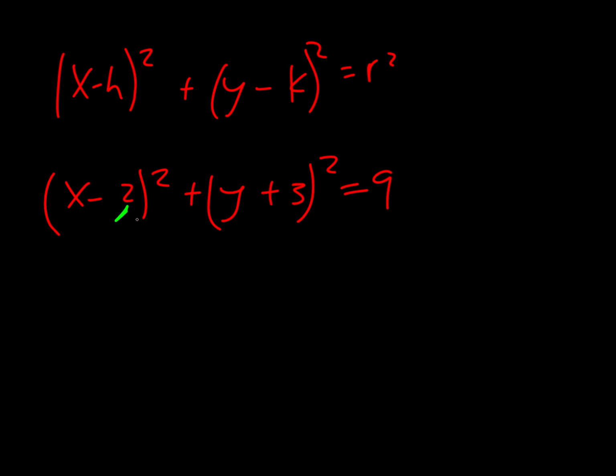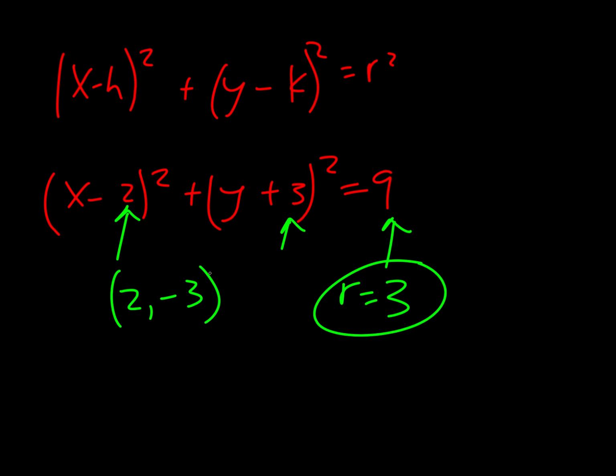So the center is going to be this and this, but we're going to change the signs, okay? So we're going to get 2, negative 3. This was negative, now it's positive. This was positive, now it's negative. So that's the center. And then this, we need to take the square root of that number. And so r equals 3.